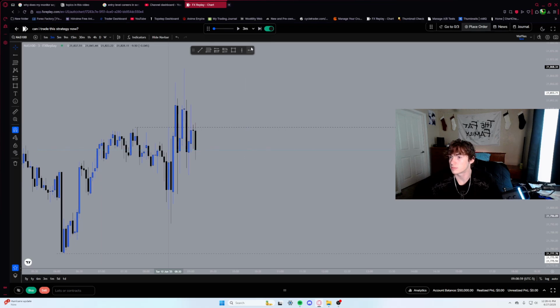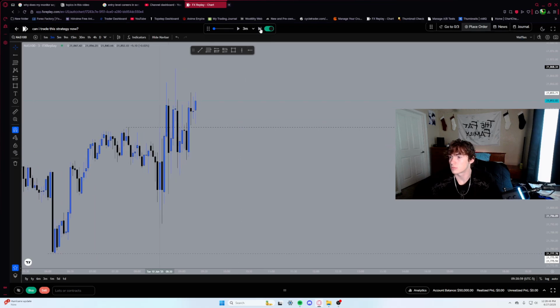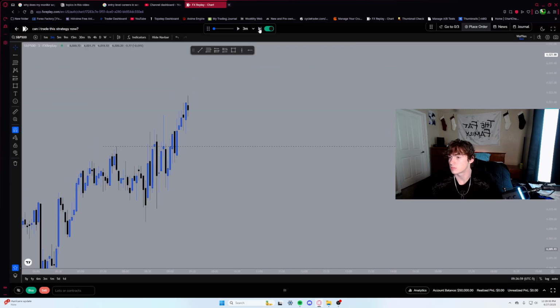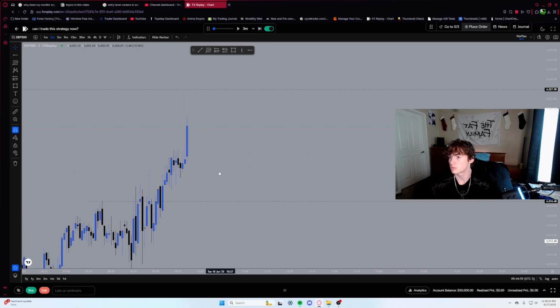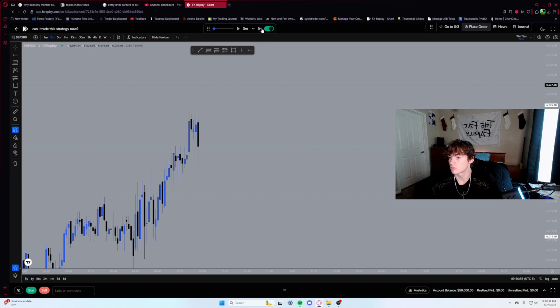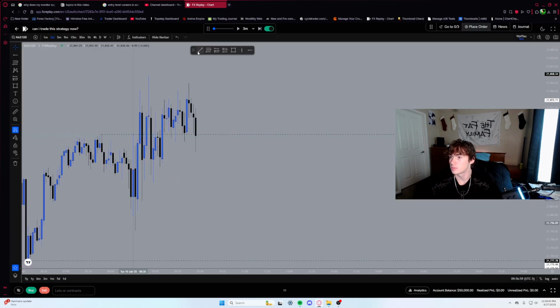NQ. ES. NQ sweeps this low. Bearish SMT here, I assume we will go up.